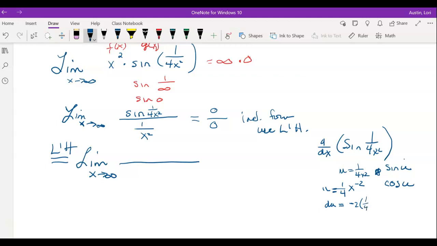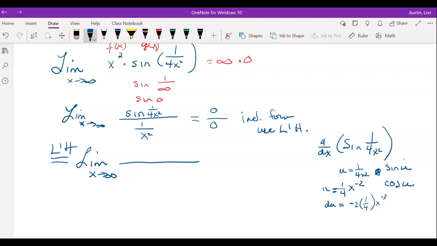Times 1/4 x to the what power? Negative 3, right? Okay. We good with that?